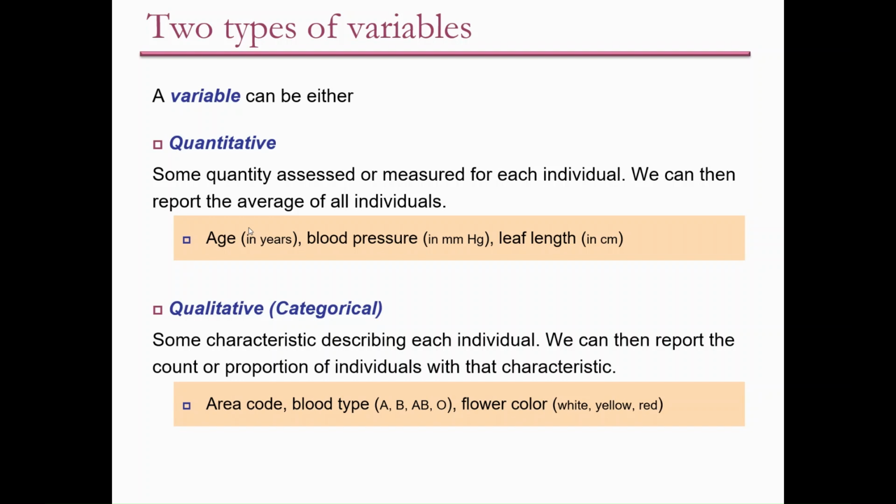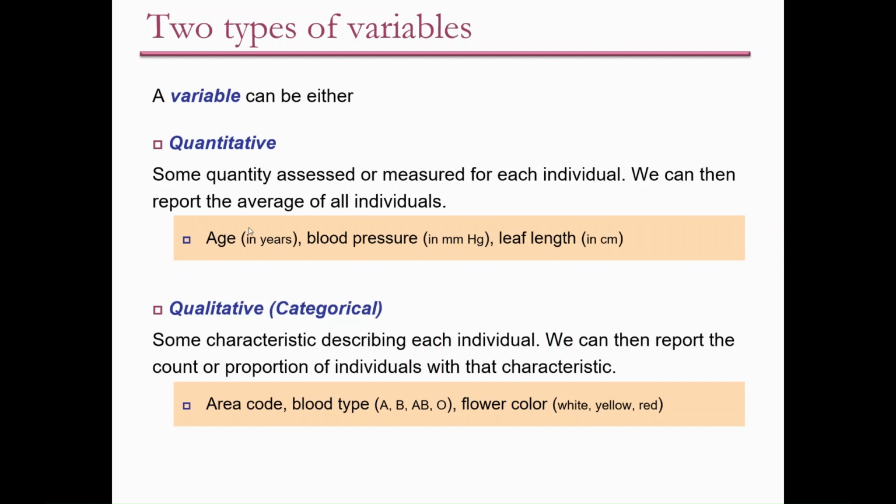On the other hand, area code: these are numbers, but if you were to average them, it wouldn't give you anything meaningful. If we took the average area code for everyone in the class, would that give us anything useful? The answer is no. Some, but not very many, of our categorical variables do involve numbers, but their average will not give you anything meaningful.